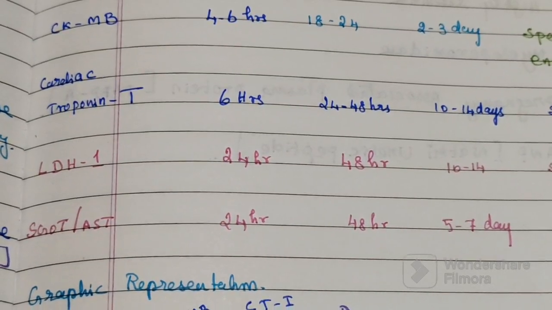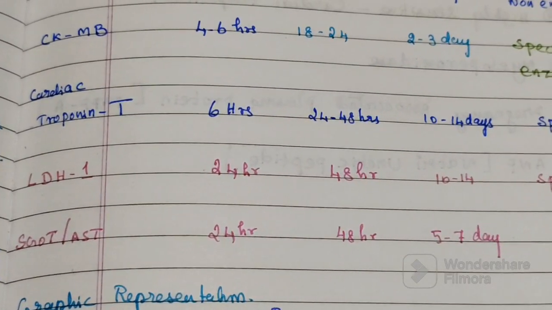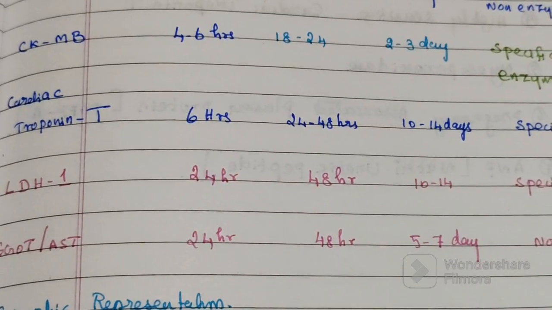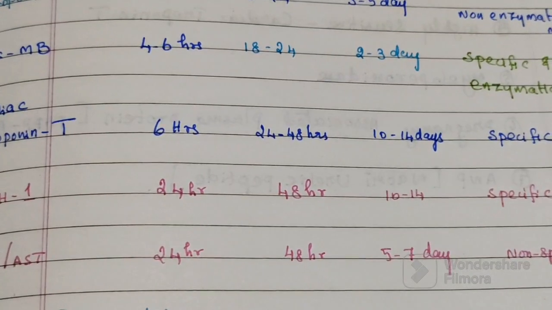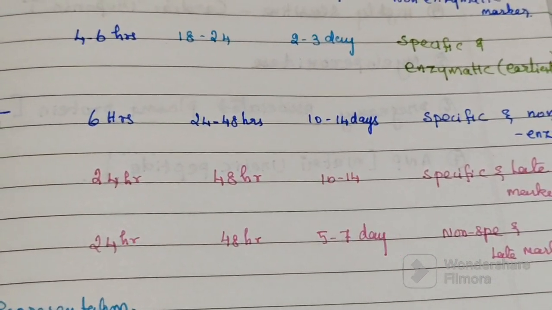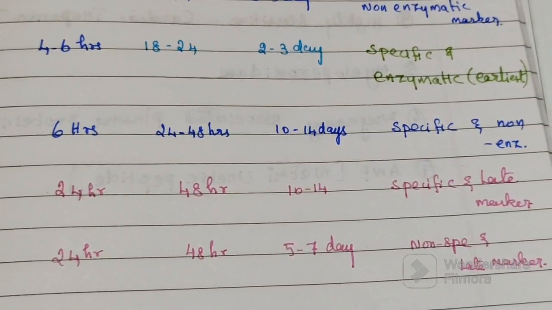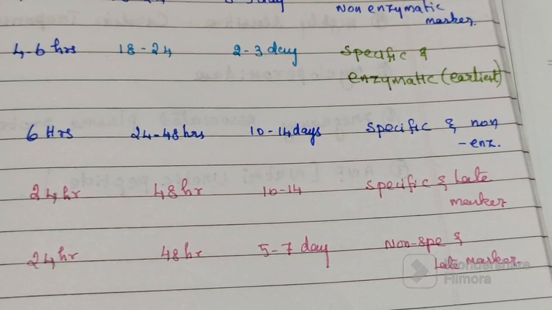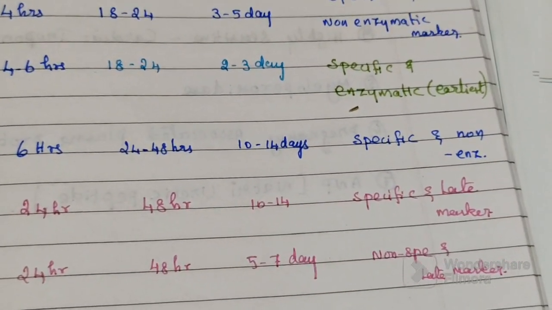Third one is cardiac troponin T. It starts rising after 6 hours of myocardial injury, peaks at 24 to 48 hours, then returns to normal in 10 to 14 days. This one is a specific and non-enzymatic marker.